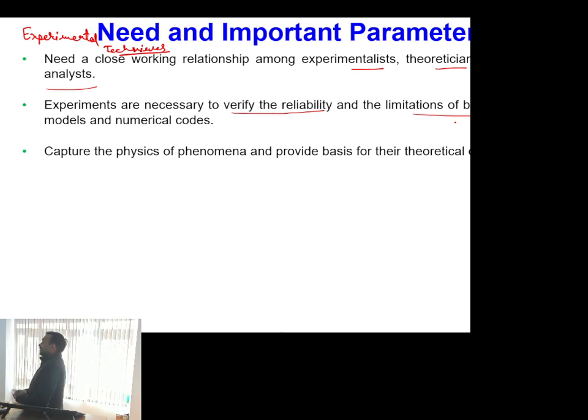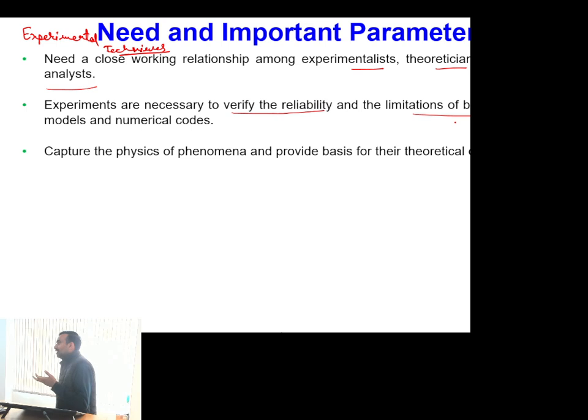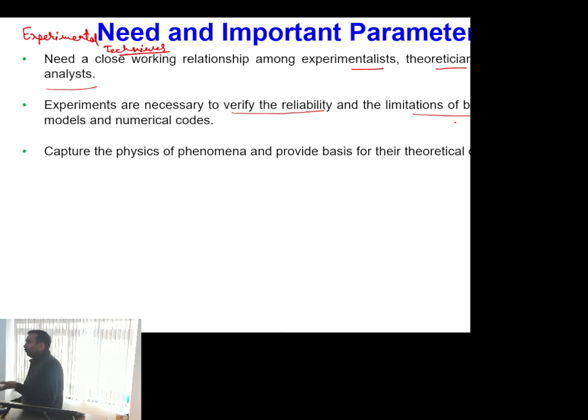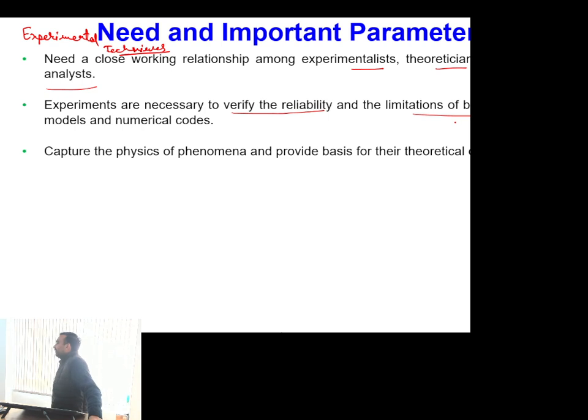Similarly, if you have to understand any new phenomena, the first starting point could be the visualization or understanding of that phenomena through experiment, and then we can introduce the different terms in theoretical understanding to analyze that phenomena theoretically.